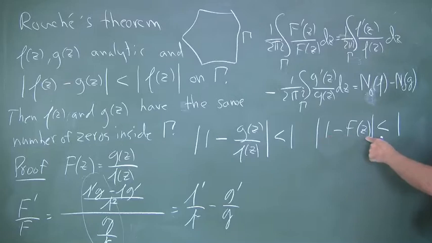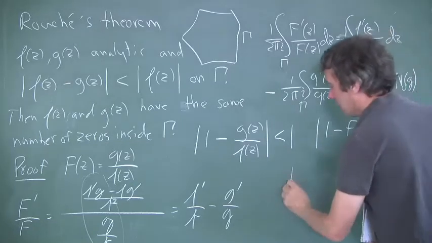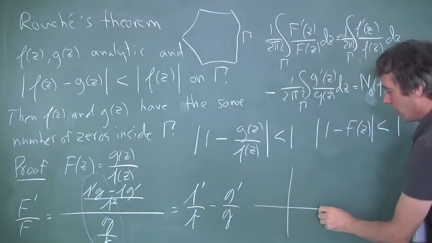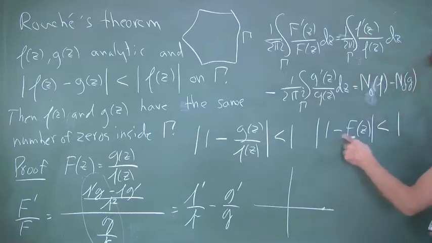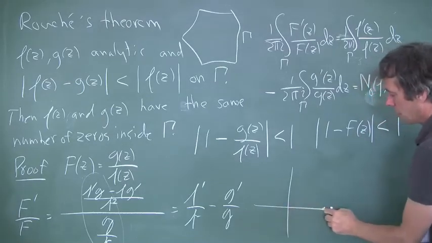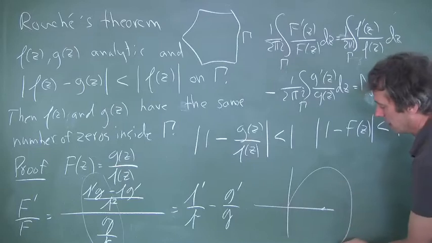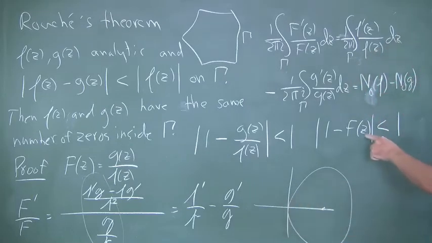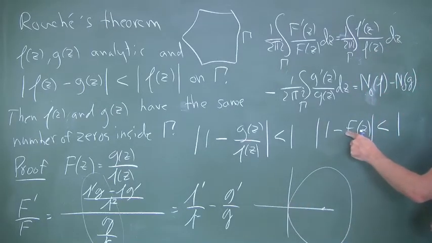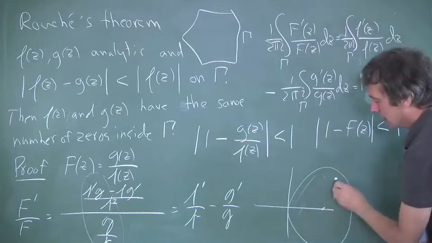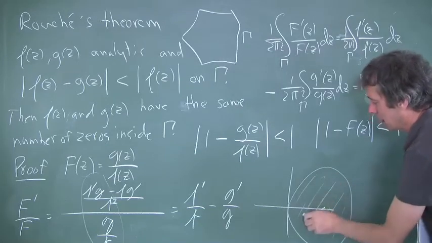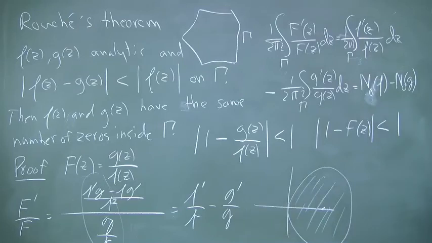And what does this say? Well, if you take a look in the complex plane, if you draw the circle around the point 1 with radius 1, then we see that all the values of capital F will lie strictly inside this circle.